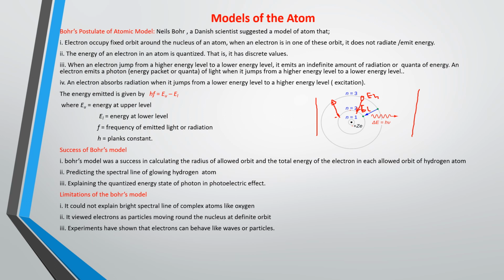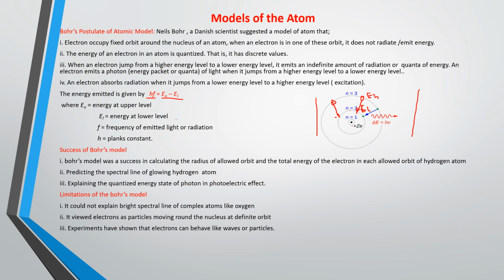Okay, so the energy emitted or absorbed by an electron is given by this equation, where E_u is the energy at the upper level and E_l is the energy at the lower level, f is the frequency, and h is Planck's constant.